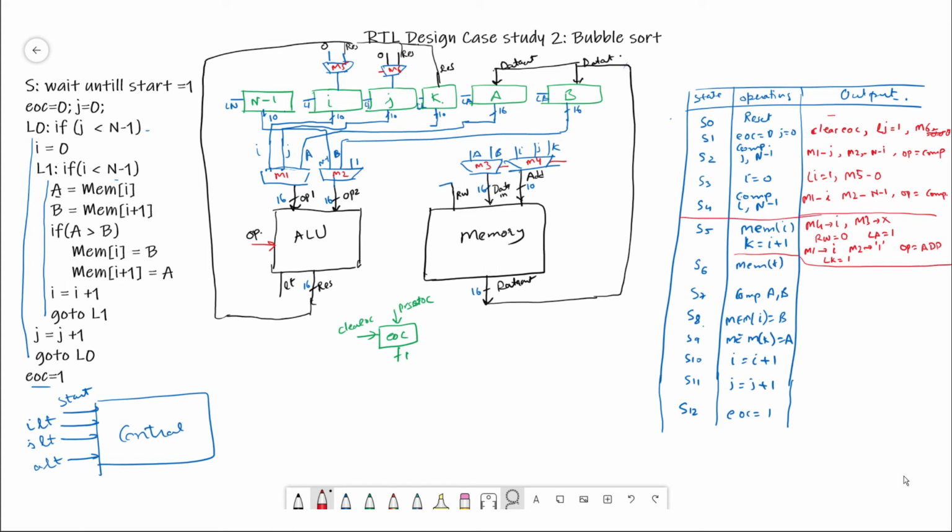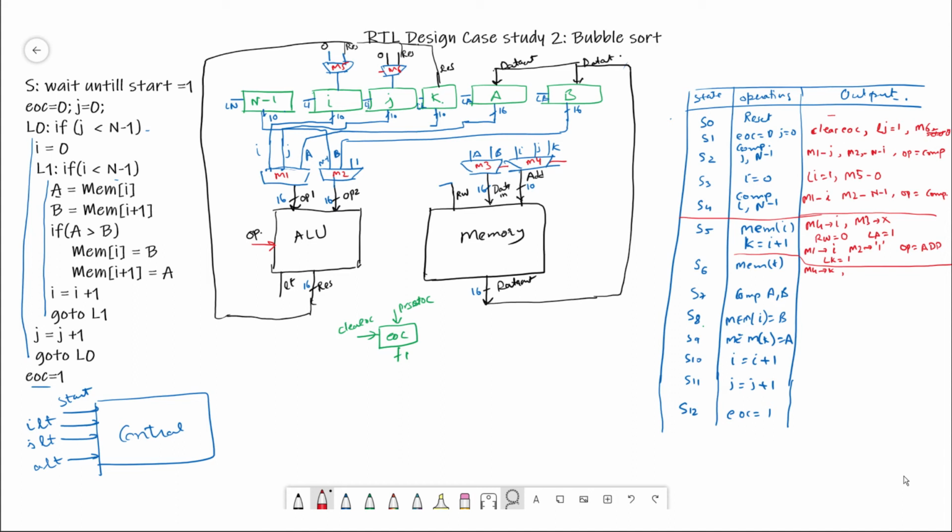Now for the S6 state, B would be equal to mem K. So for the address, M4 will select K, and M3 will not select anything because it's a read operation and there is no writing being done.